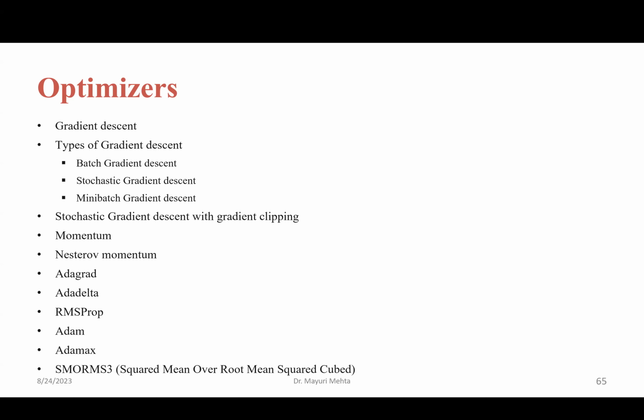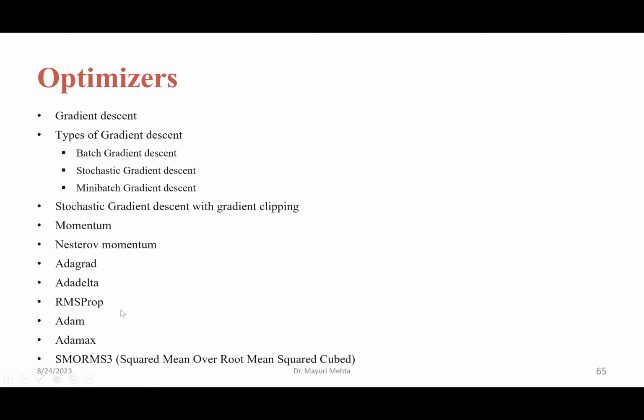Fine. So here you can see the list of optimizers available for machine learning models. I may discuss some of them in detail, and then I may introduce the rest of them briefly. For example, gradient descent and types of gradient descent I will discuss in detail, because this is a very popular optimization algorithm used for machine learning models and neural networks.